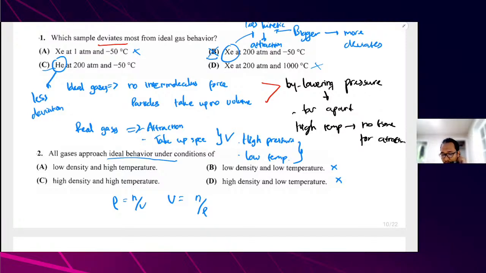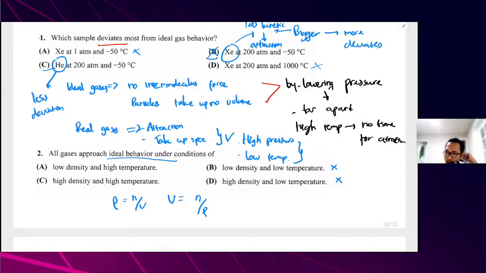Volume is inversely proportional to density.